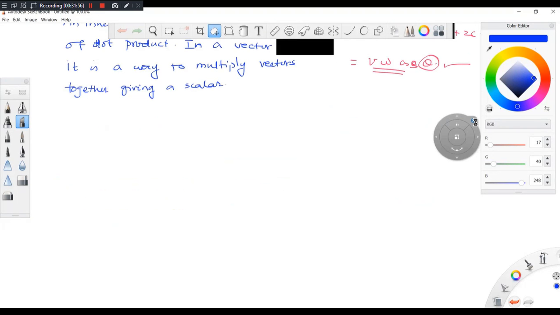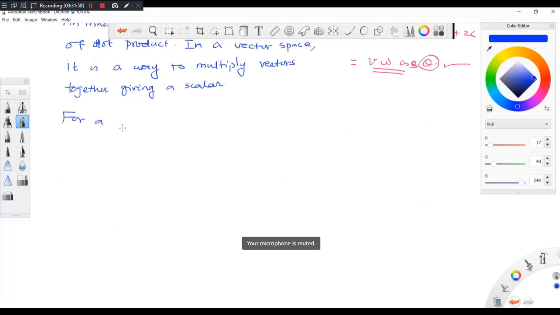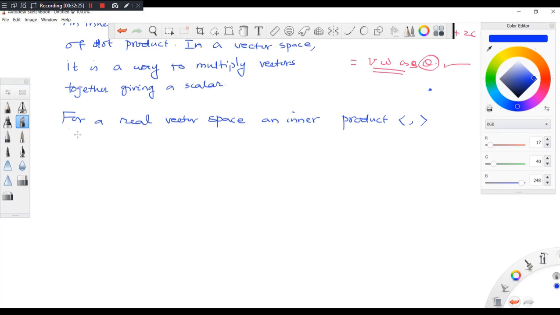For a real vector space, an inner product satisfies the following properties. The notation for the inner product is written like this with a comma, instead of the dot of the dot product.